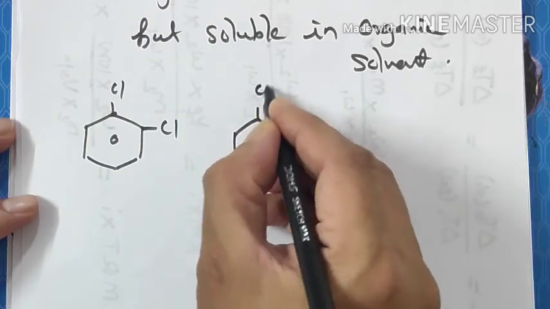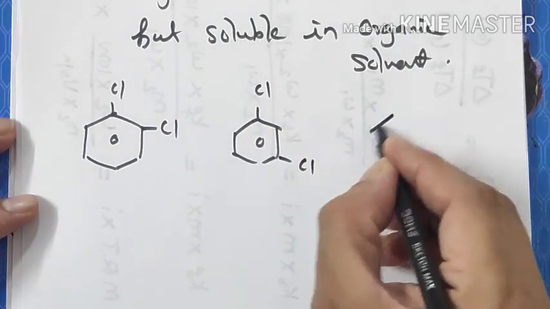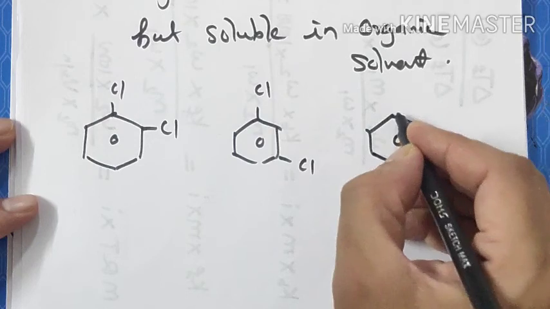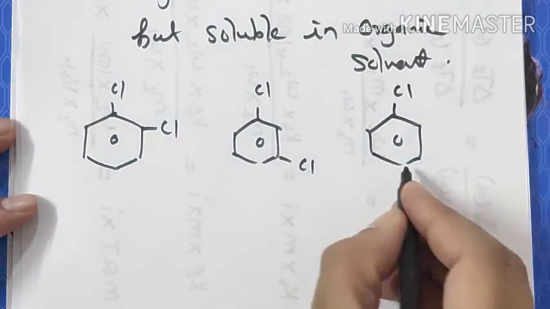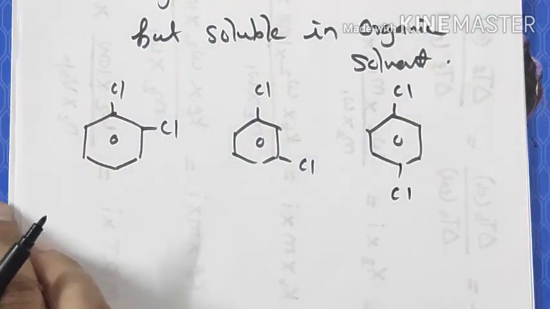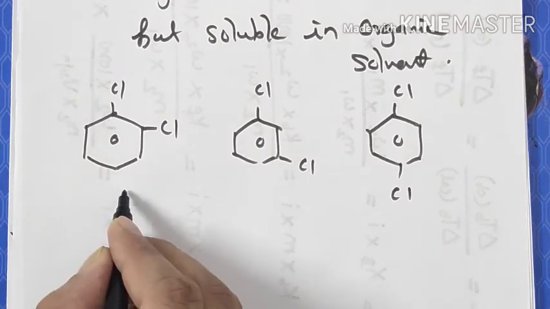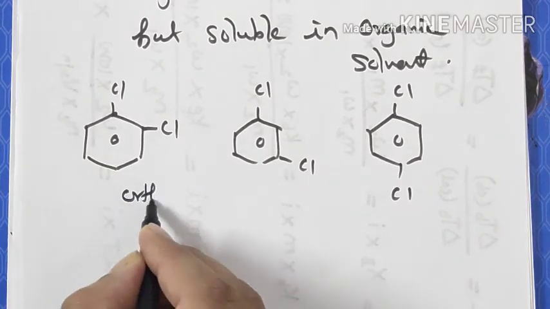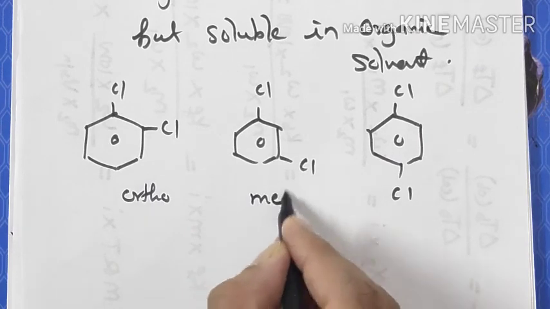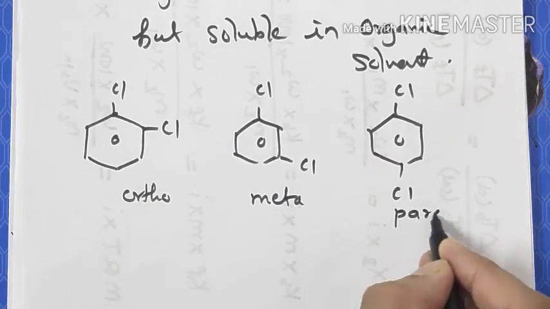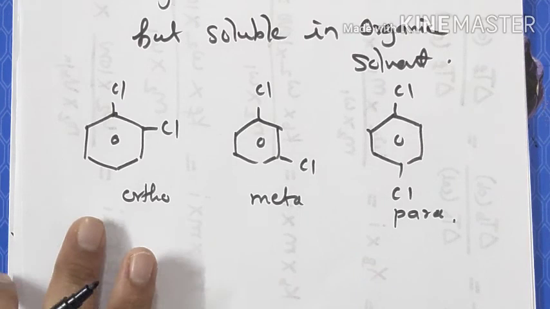All this structure is dichlorobenzene. Okay, but the difference is that this one is ortho dichlorobenzene, this one is meta, and this one is para. That is where the difference lies.